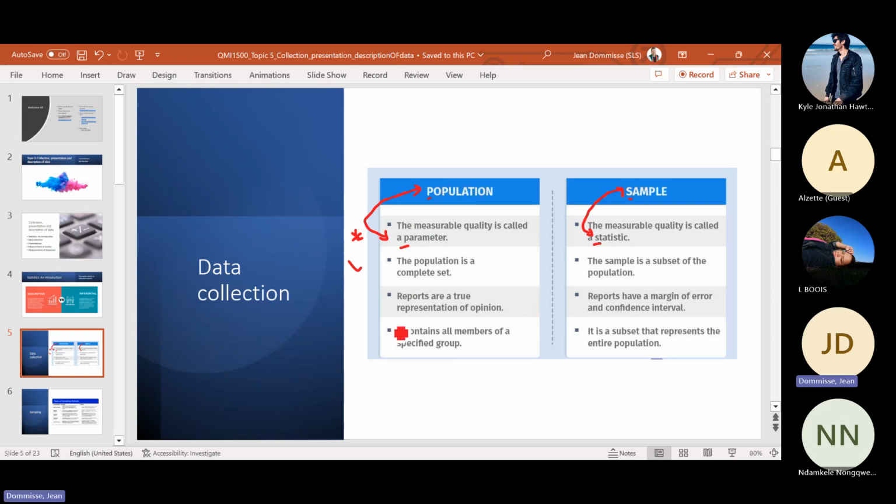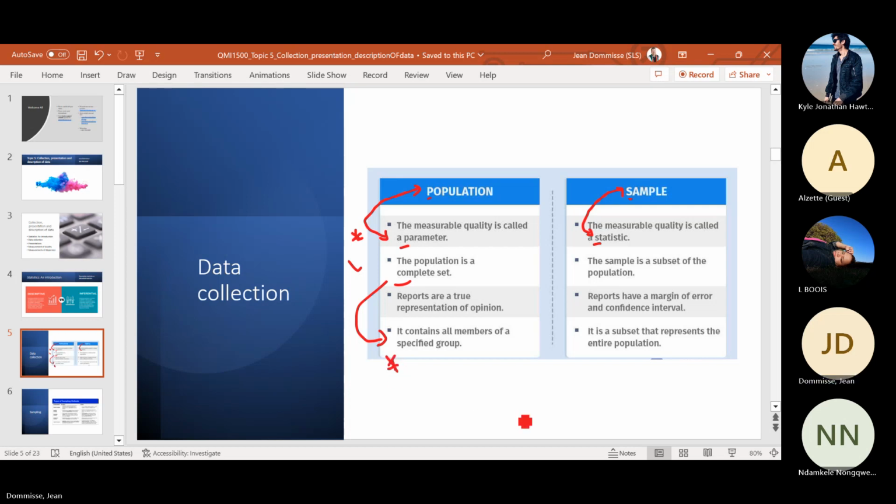Then a population, again linked to the complete set, contains all members of a specific group. And then the sample is just a subset of that population. So again, something like students in the Western Cape could be your population.